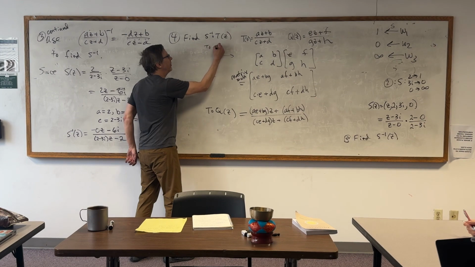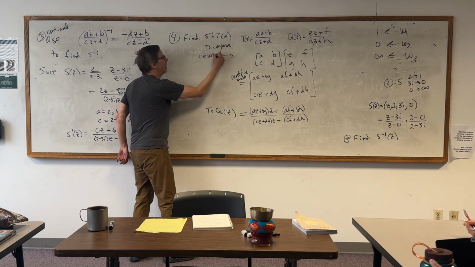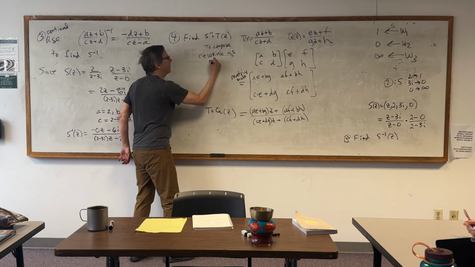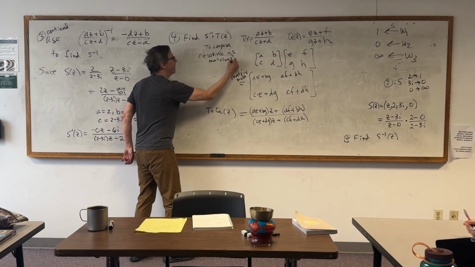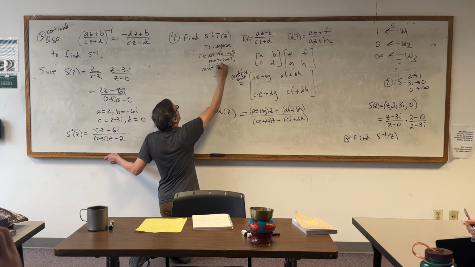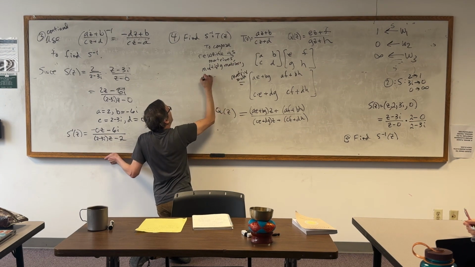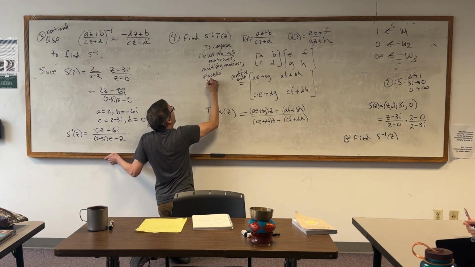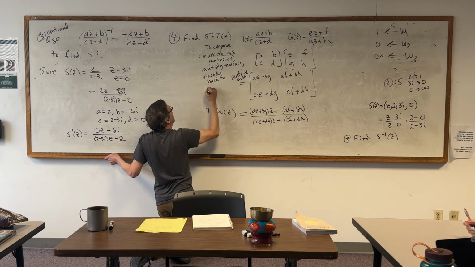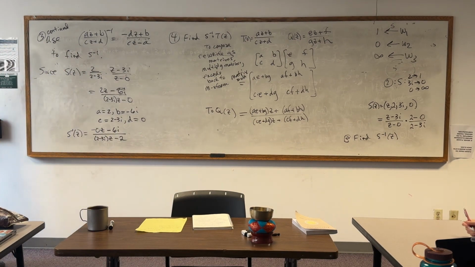To compose, rewrite as matrices, multiply the matrices, and then encode back to a Mobius transform. That's what we're going to do.